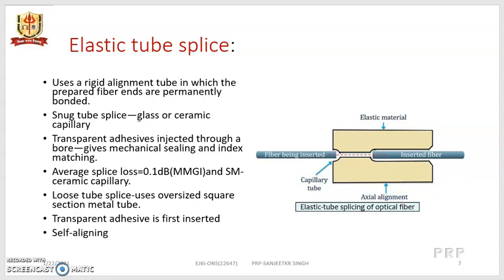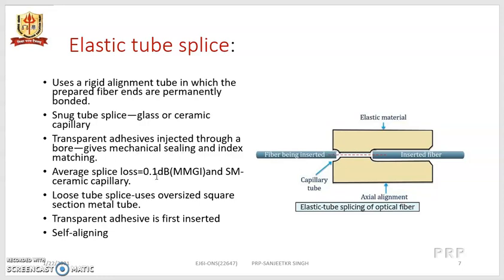So the snug tube splice makes use of a glass or ceramic capillary, and transparent adhesives are injected through a bore. So there will be a bore or a hole for the adhesive to let in, which gives mechanical sealing and index matching. So the refractive index will be matched with that of the core.